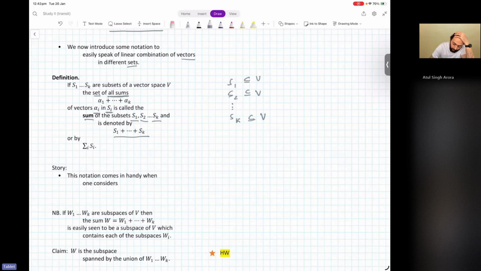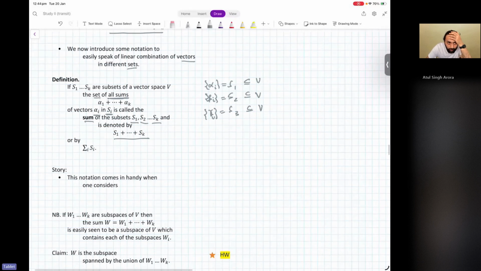Suppose for simplicity, let me do it with 3, it'll probably be easier. So S1, S2, S3. Suppose this is alpha, this is beta, this is gamma. These are vectors. So this is how you define the set. Is the notation clear?